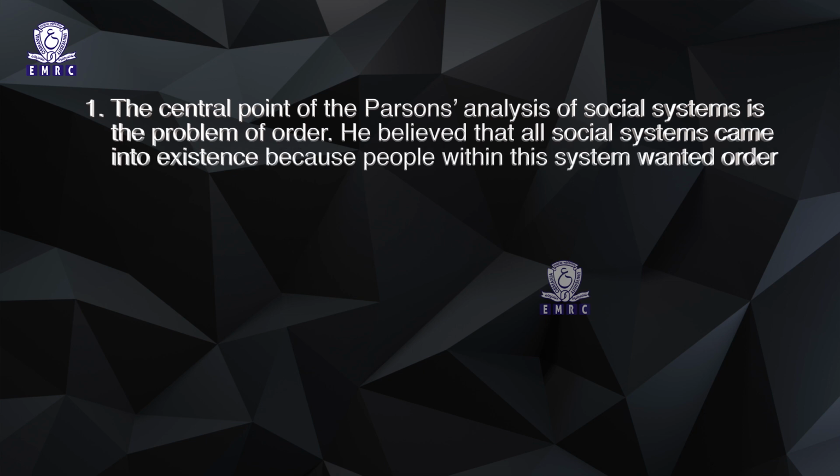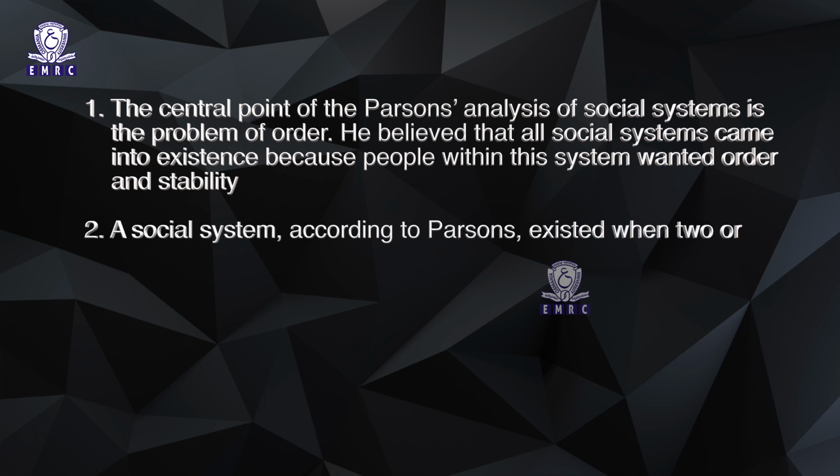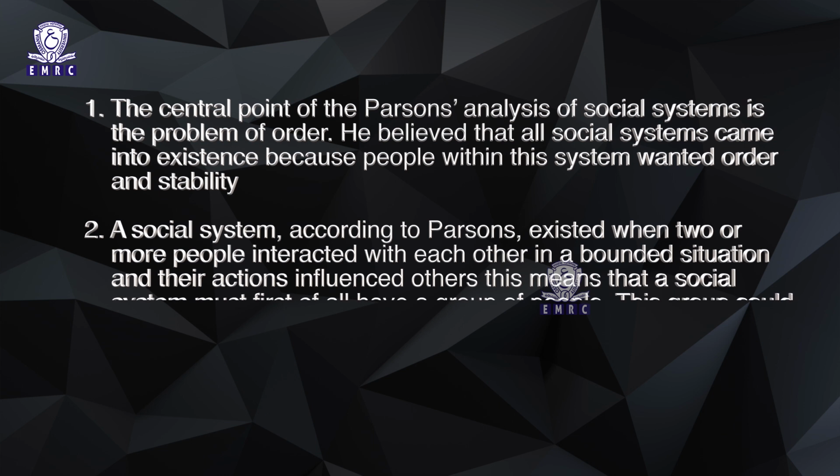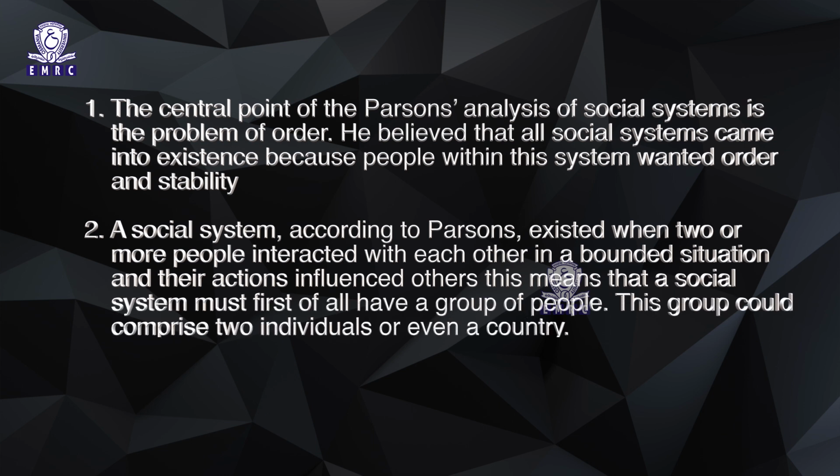He believed that all social systems come into existence because people within the system wanted order and stability. A social system, according to Parsons, existed when two or more people interacted with each other in a bounded situation and their actions influenced others.